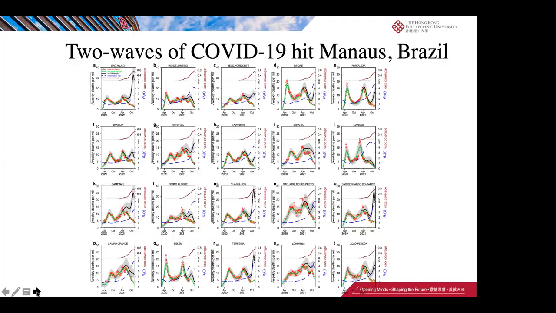So let me give you a view of what exactly happened in Brazil, including Manaus. Here are 20 large cities in Brazil. They have a very good medical system to some extent, and very good data.